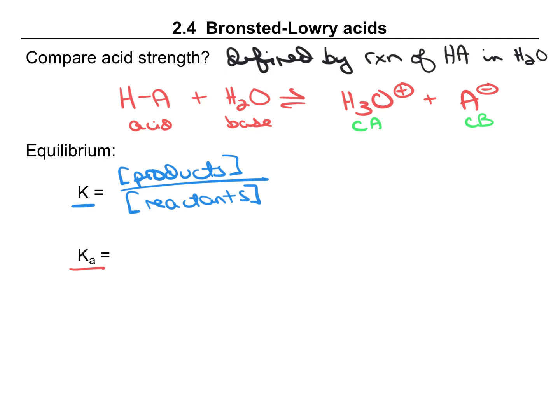So in this case, Ka is equal to the concentration of H3O plus times the concentration of A minus divided by the concentration of HA. We don't include water as one of our reactants because it is the solvent. And so we ignore the solvent because it would be a constant, so it's taken into consideration in the equilibrium constant. So this is how the acid dissociation constant is defined.